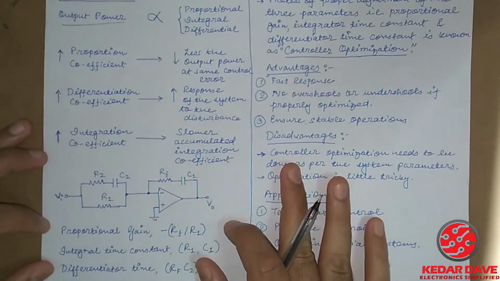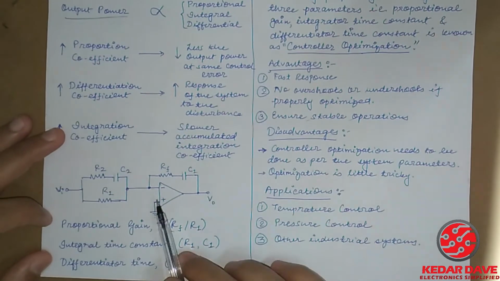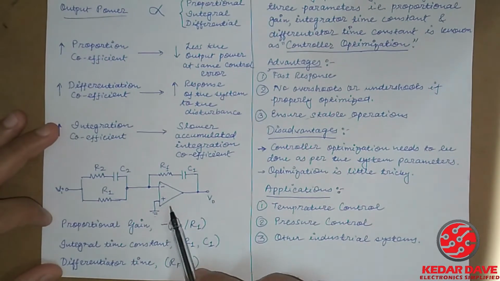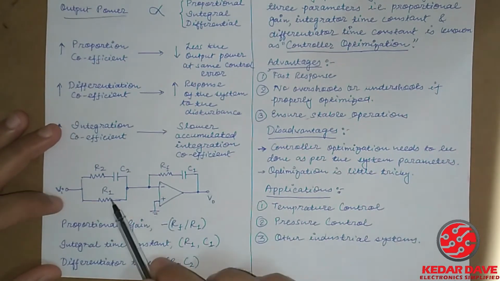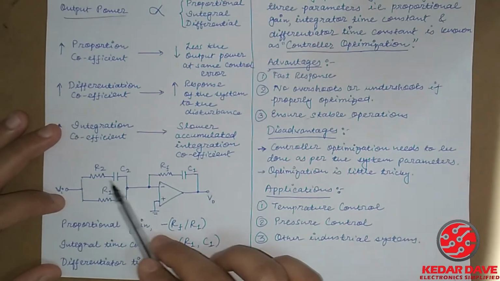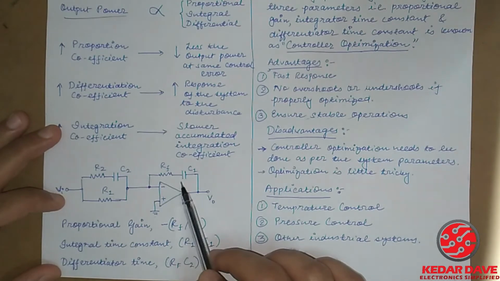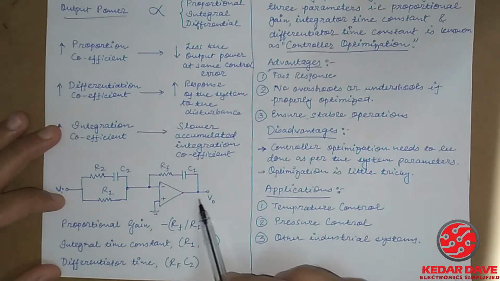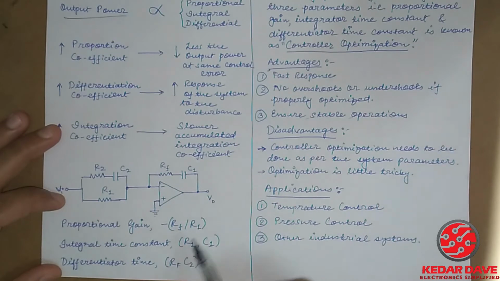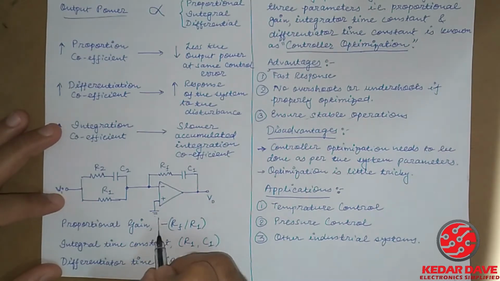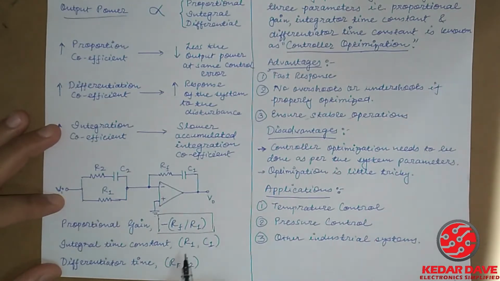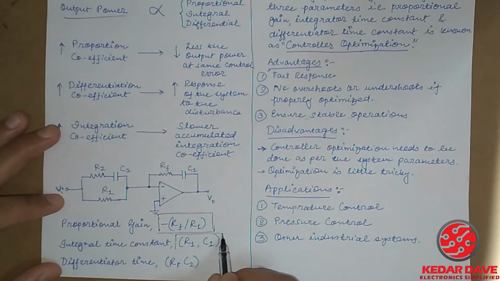So here is the circuit. In this way, a circuit can be formed for the PID controller. There will be two resistances and one resistance with the capacitor. After that, one resistor and capacitor, and the op amp is attached. Now, if we want to define the proportional gain, it can be described as minus RF by R1. The integral time constant can be described as R1 and C1.